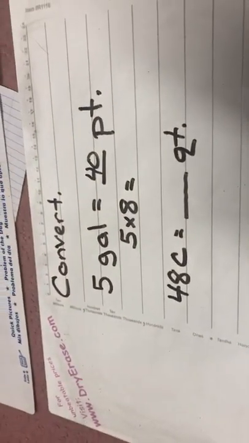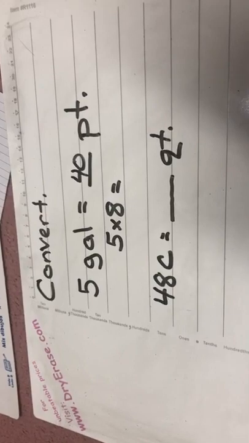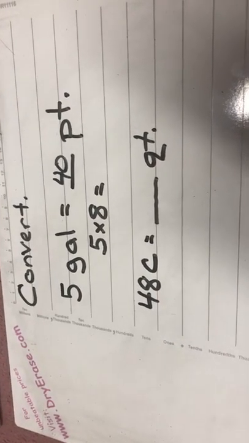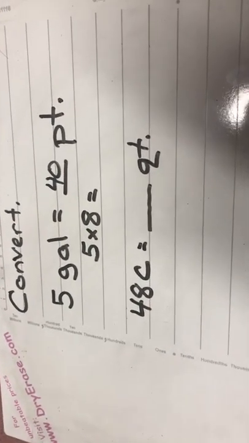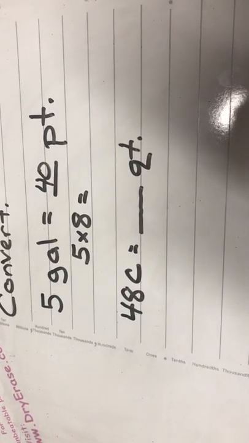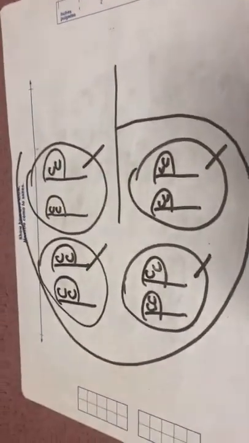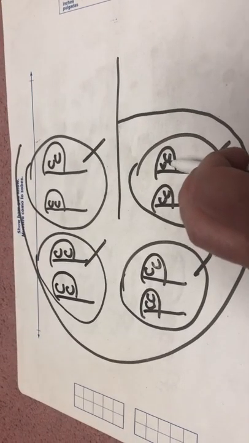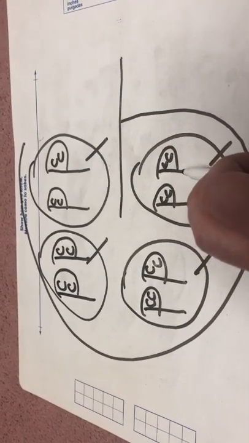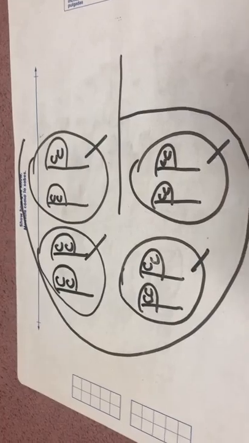All right. So first of all, I want to go to my chart and see, well, what's bigger, 1 cup or 1 quart? Well, I go back up to my chart and I see cups are the smallest one. Cups are inside of pints and pints are inside of quarts.